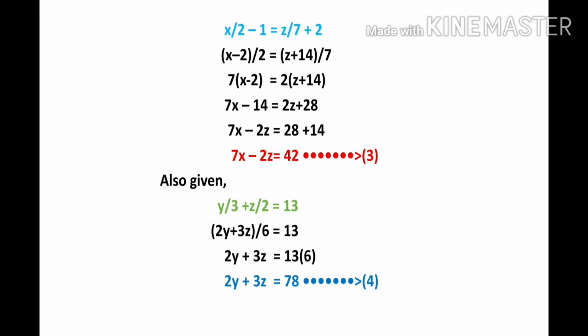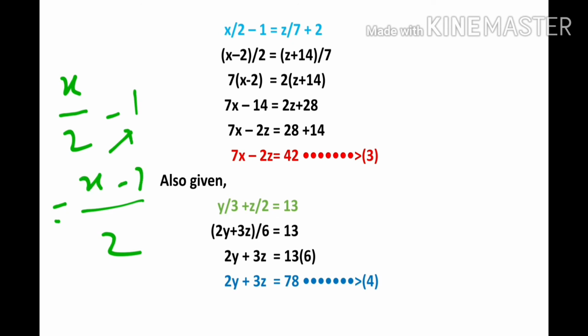I write once again the equation, x by 2 minus 1 is equal to z by 7 plus 2. Take LCM here, 2 is the LCM, and cross multiplying this, x minus 2. We get (x minus 2) by 2. I write (x minus 2) by 2, this one.